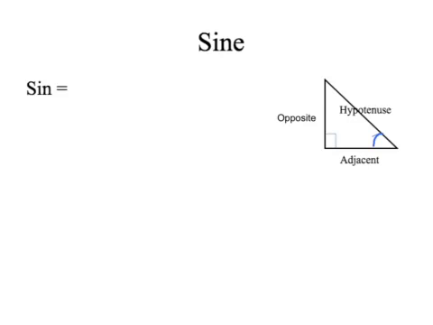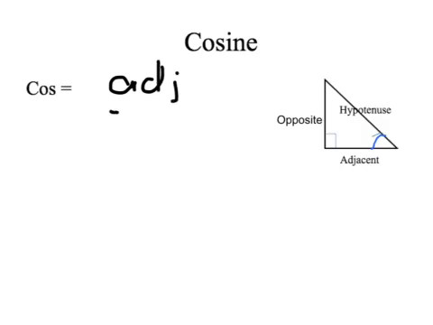So for sine, trig functions are all about ratios. The ratio for sine is your opposite side over your hypotenuse. Cosine, still using the same triangle, the ratio for cosine is your adjacent side over your hypotenuse.